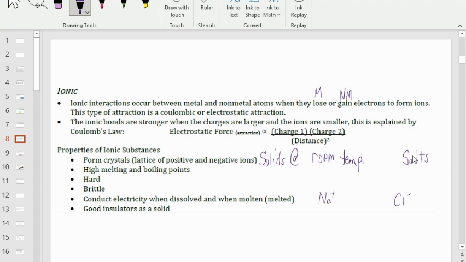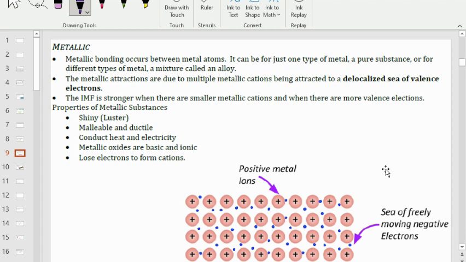Or when they are molten. By molten, we mean melted. And again, I don't have Bunsen burners that can get hot enough to make this happen. They are good insulators as a solid. So you could use them as an insulator if you wished.